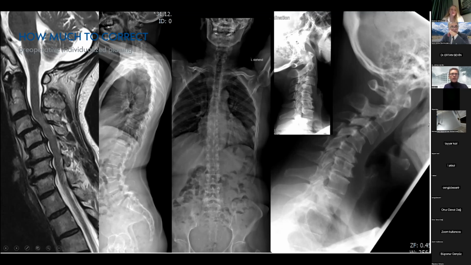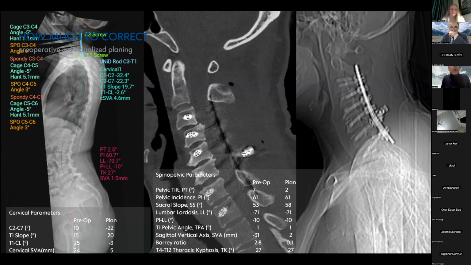And how are we planning these patients today? We are planning these patients today, in order to understand how much we have to correct, in the same way that we treat patients with thoracolumbar deformities. We are submitting our images to some kind of computer or to some kind of lab, and we are analyzing and simulating how we are planning to correct these patients.